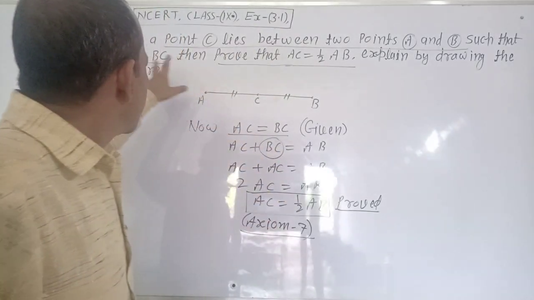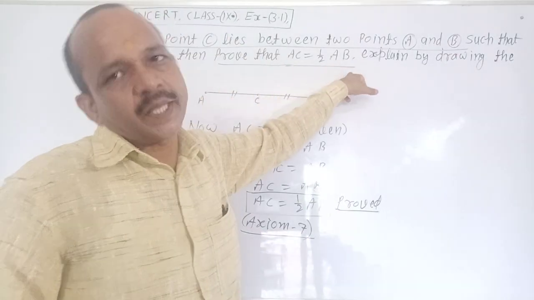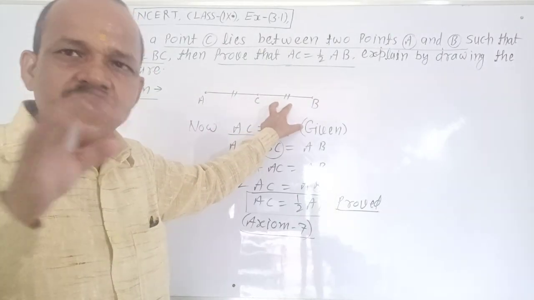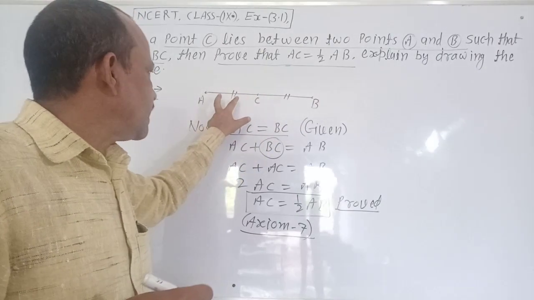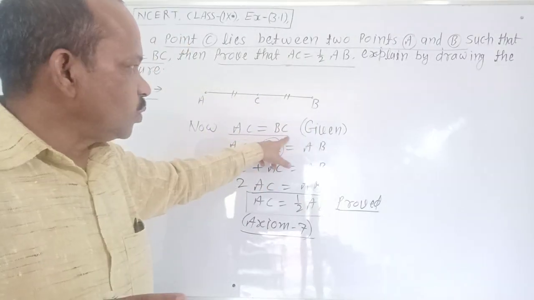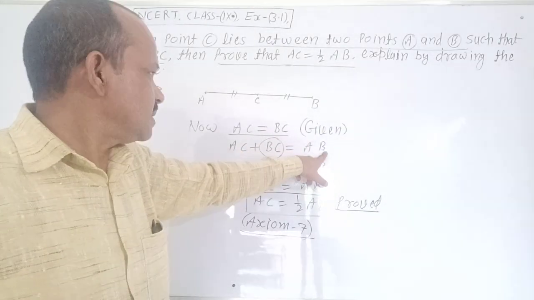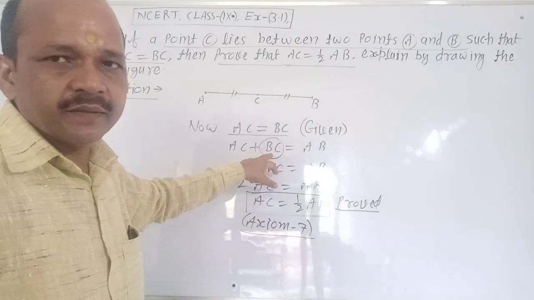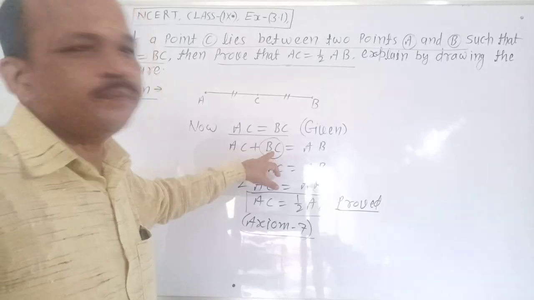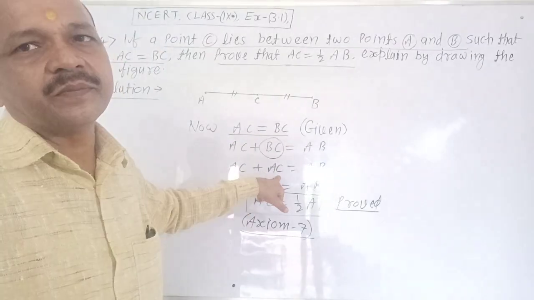Very good. Here, given AC equal to BC and you prove AC equal to half AB. AC equal to BC is given. AC plus BC equal to AB. Because AC equal to BC, you write AC in the place of BC, it becomes AC plus AC.